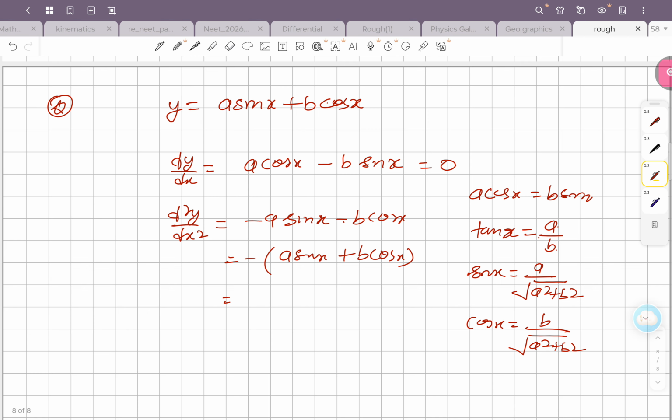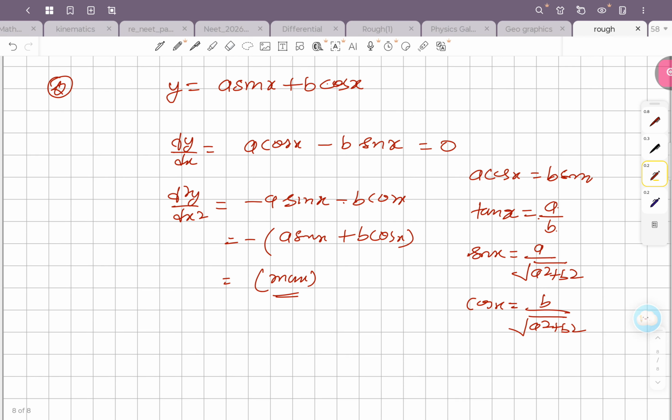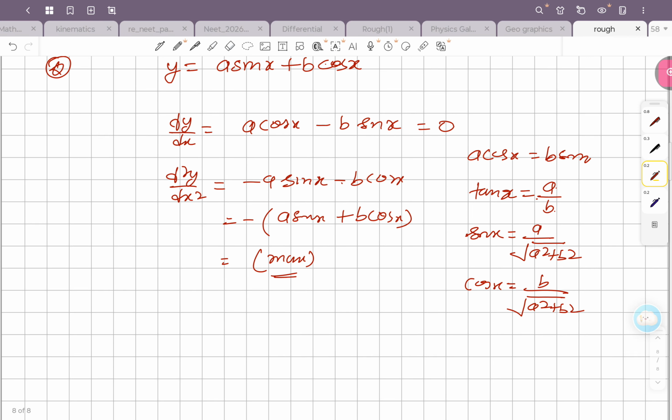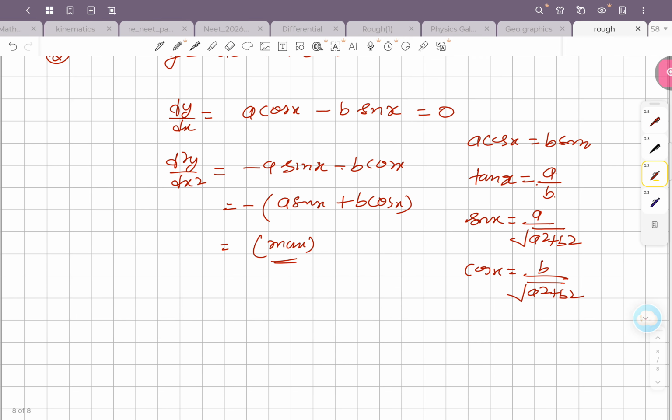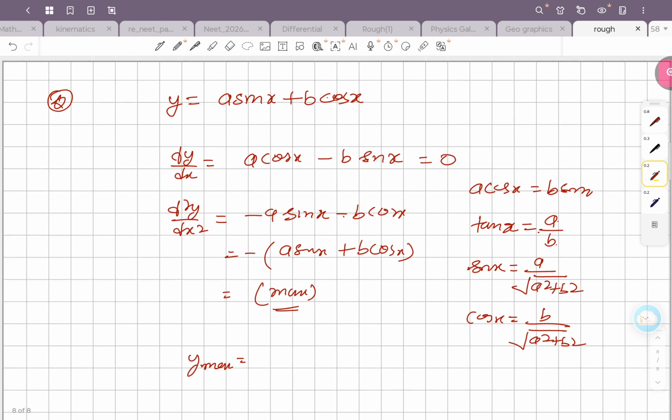You can check, if you put this value, it is always negative, it means it is maximum value. So what is the maximum value? You can put the values of sin x and cos x in that function.